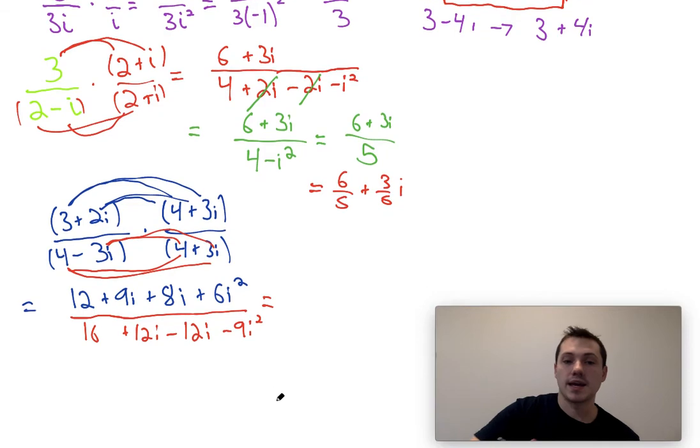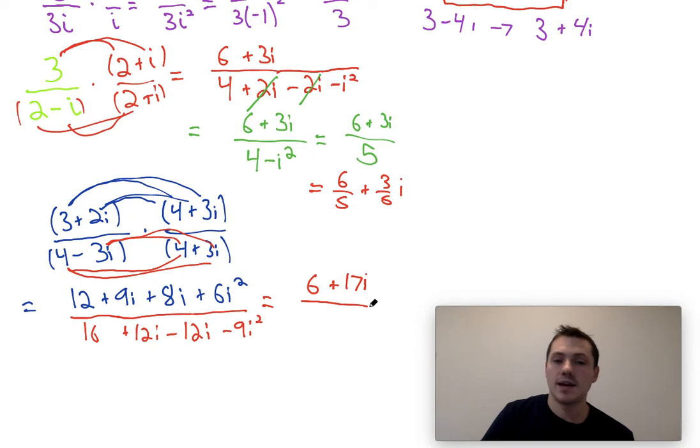So in the top, we're going to end up with 12. The 6i squared, remember i squared is just negative 1. So this is going to be 6. 9i plus 8i is 17i in the top. In the bottom, the 16 minus 9i squared, 16 minus 9 times negative 1 is going to give us 25.